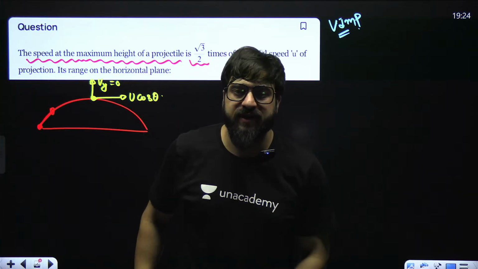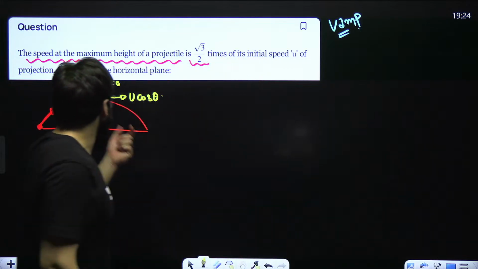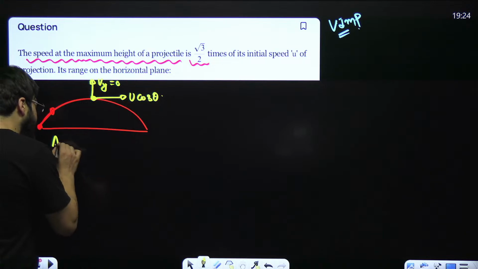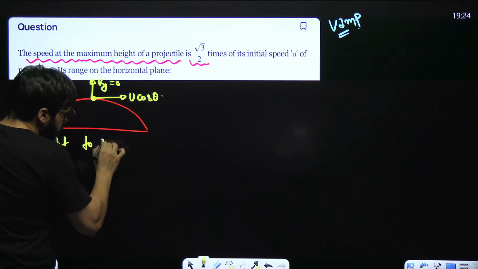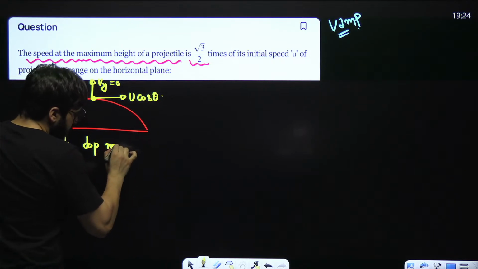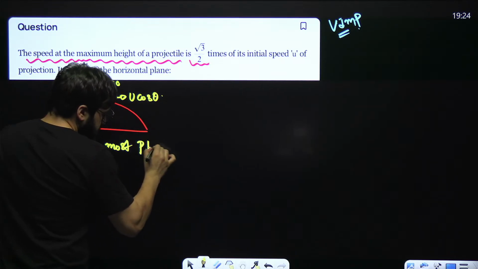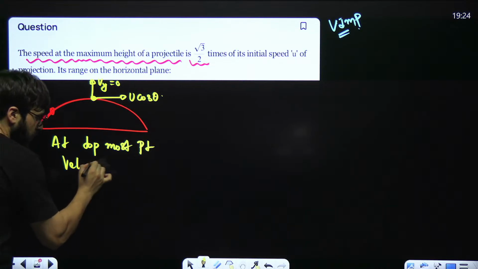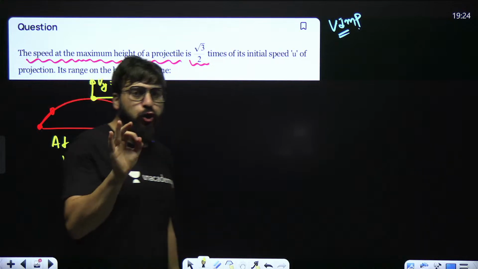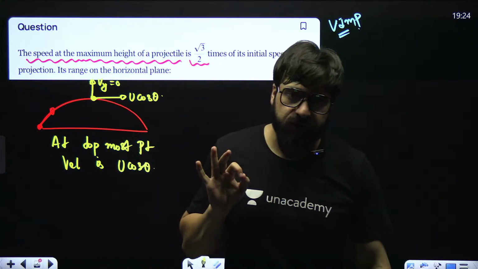So at the topmost point, velocity is u cos theta.